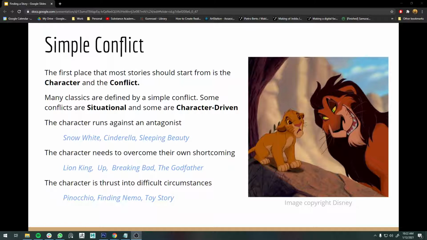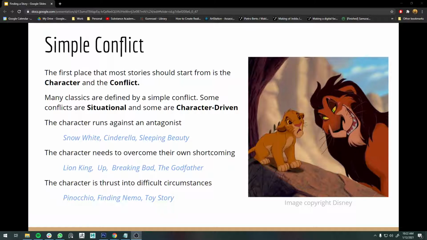So here are some examples that we could look at that are probably well known to you. The most classic example is an antagonist. So a protagonist is counter to an antagonist. So a lot of these Disney classics, Snow White, Cinderella, Sleeping Beauty, they have an evil figure or a villain who is there holding them back or keeping them from what they want to do or motivating them to take action.